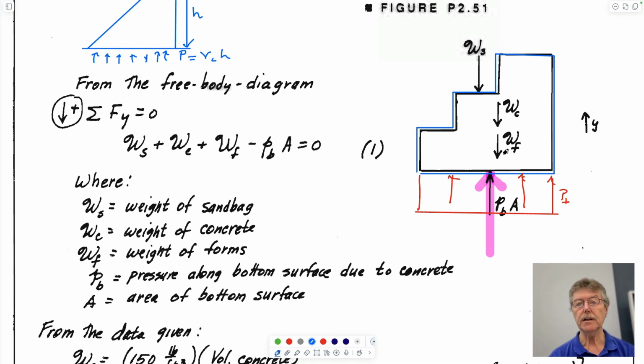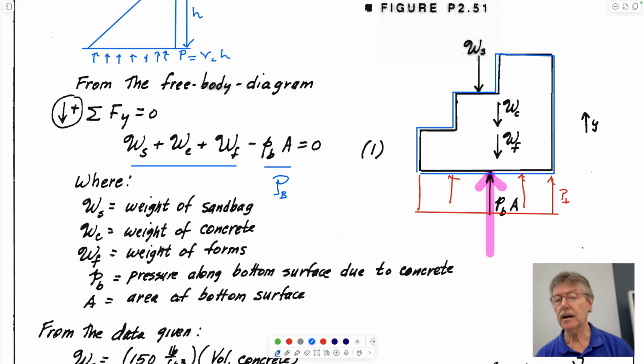If we resolve vertically, we have the weight of the sandbag acting downwards, the weight of the concrete in here acting downwards, and the weight of the form acting downwards. Those are these three here. We have the pressure on the base acting upwards, pressure multiplied by area. This magnitude here is what I would call uppercase P_B, the product of these two.